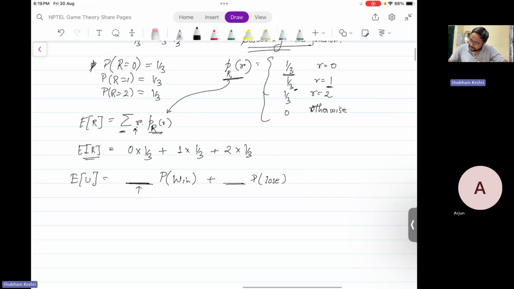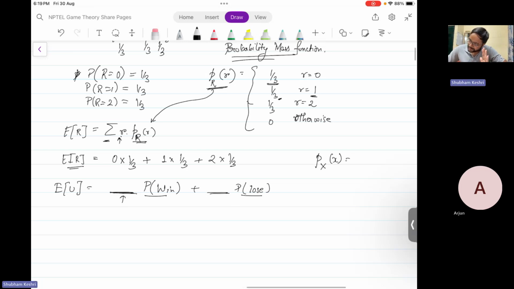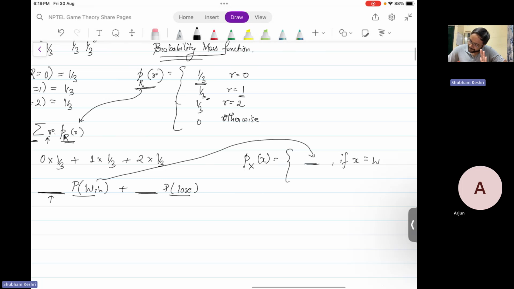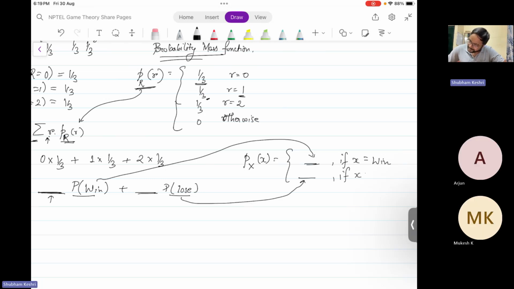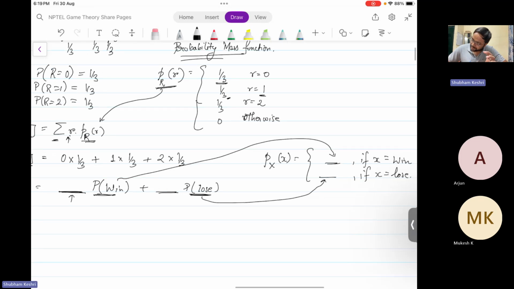So this probability of win and probability of loss are actually the probability mass function. It says that P of X, where I'm saying this random variable is X, takes this value if X is equal to win, and this value if X is equal to lose. So this is the probability when he is winning, and this is the probability when he is losing.